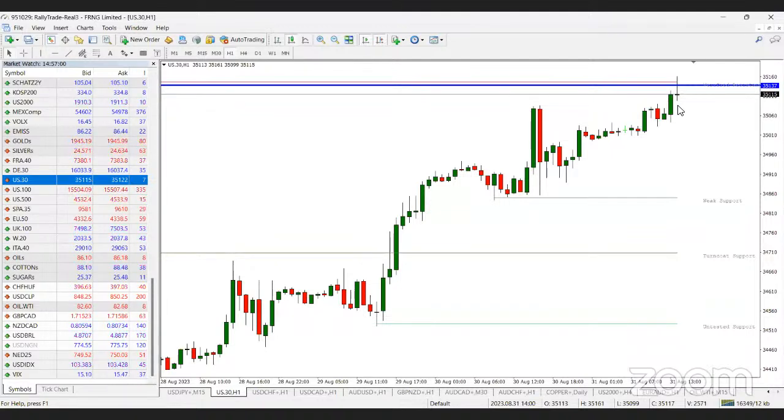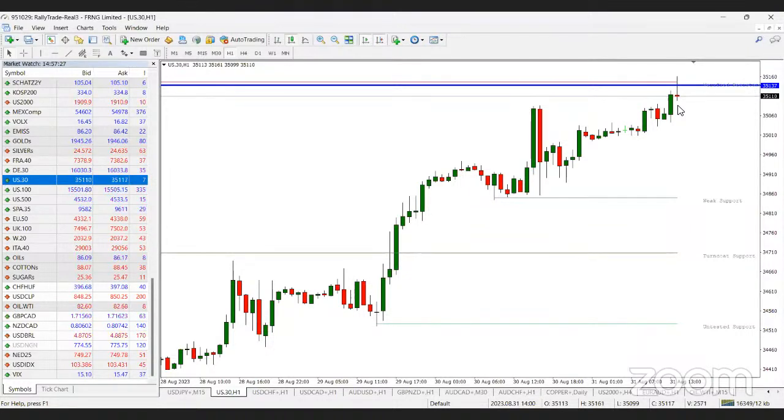When you see a hammer on a support, you expect that the support will actually reject price and price will head back upwards. So an inverted hammer at a resistance like we have just seen is telling us that US 30 may likely fall.